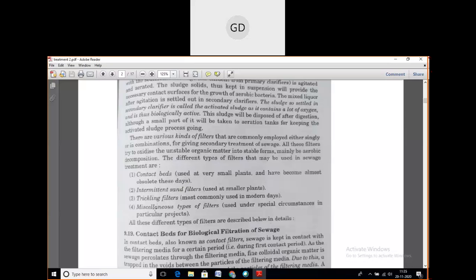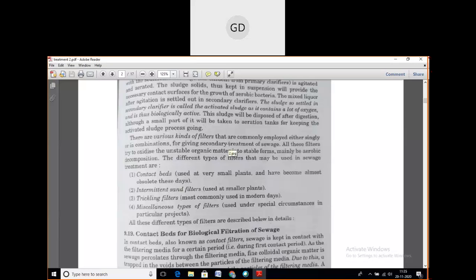Number one is contact pads. These are used at very small plants, and they have almost become obsolete nowadays and are not used. The next one is intermittent sand filters, which are also used at smaller plants.